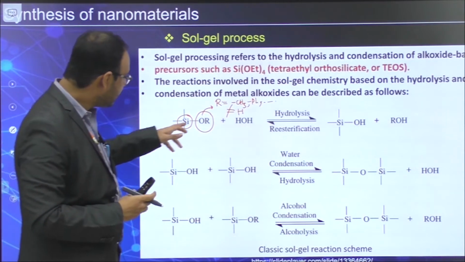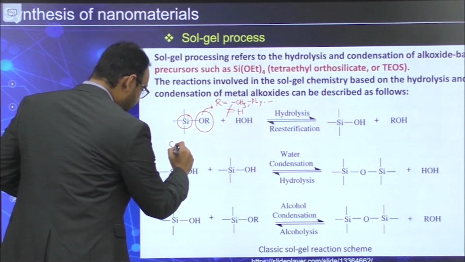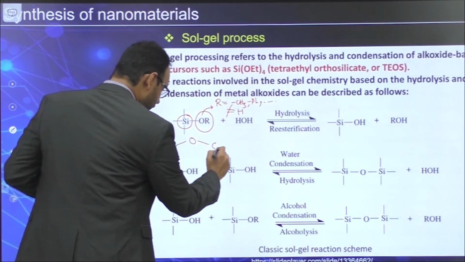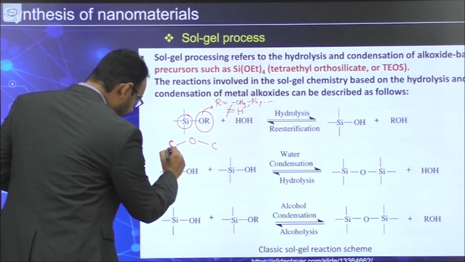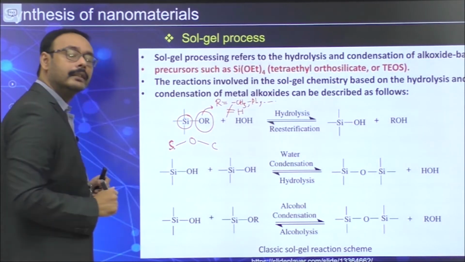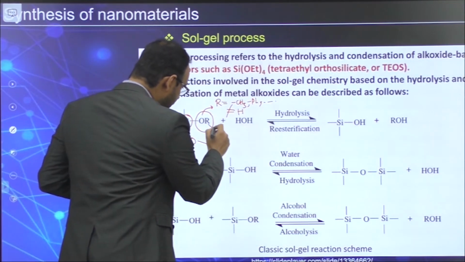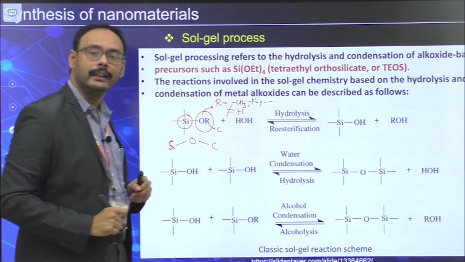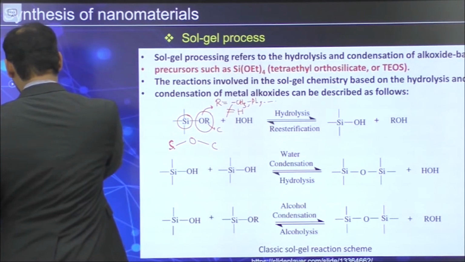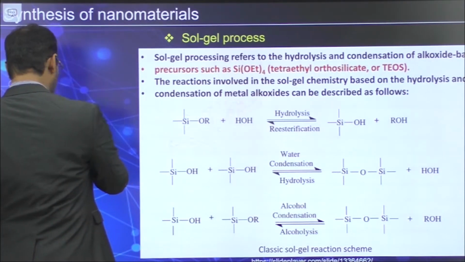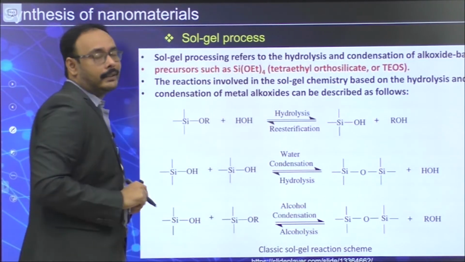Okay, this is an ether linkage. If you have carbon, oxygen, carbon, we call it ether. So instead of one carbon, you have one silicon, right? So this actually has a carbon moiety, carbon linkage. Once you have that, then what is going on? This is going to react with water.